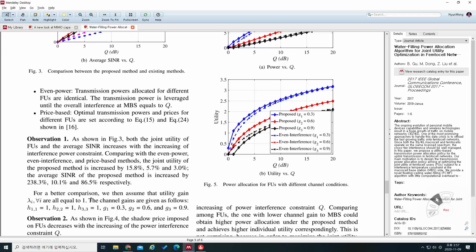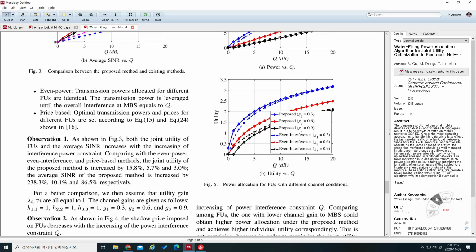Then channel gains are given as follows: H11, H22, H33 equal 1, G1 equals 0.3, G2 equals 0.6, and G3 equals 0.9.